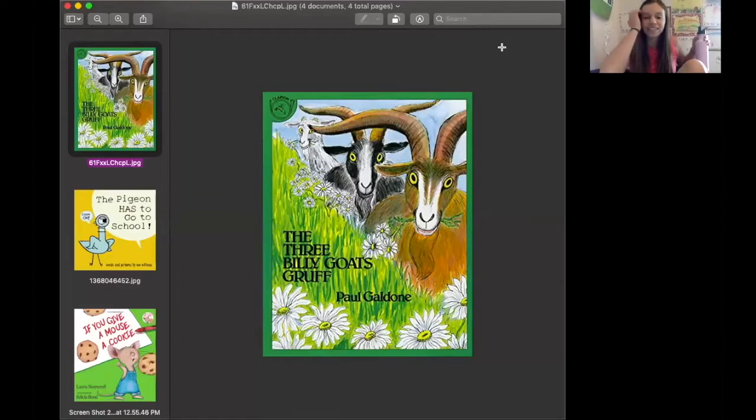Let's look at some titles and some covers of books. Ready? All right, so here is The Three Billy Goats Gruff. And you can see the title really big. The Three Billy Goats Gruff. Where do you think the name of the author is?